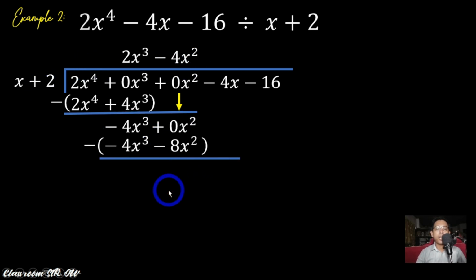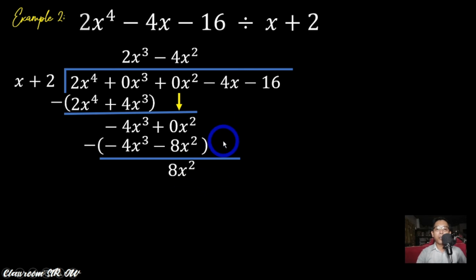Then we will subtract them. So this negative sign will be changed to positive. So this will be all positive already. So negative 4x cubed plus positive 4x cubed is 0. And 0x squared, this negative becomes positive, isn't it? So plus 8x squared, that is 8x squared.